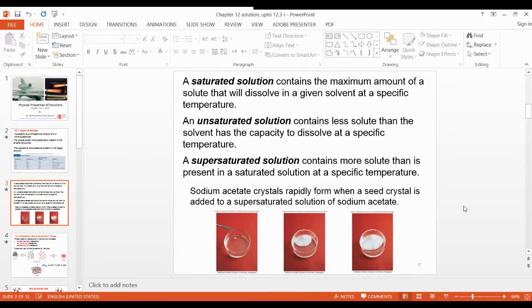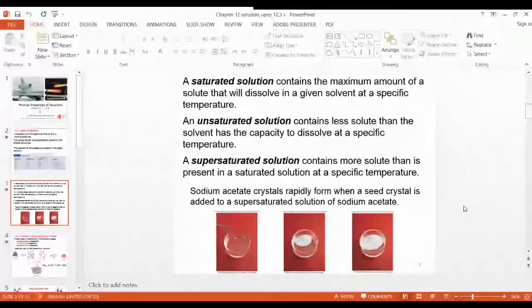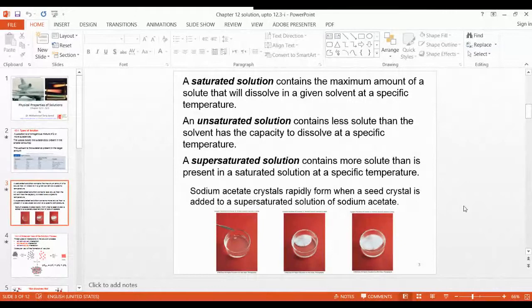Now there are three types of solution: saturated solution, unsaturated solution, and supersaturated solution. A saturated solution contains the maximum amount of the solute that will dissolve in a given solvent at a specific temperature. There is no need to increase temperature.